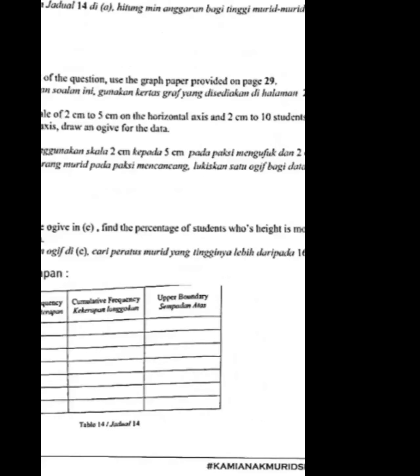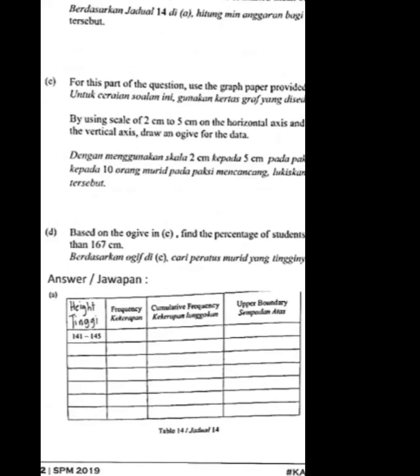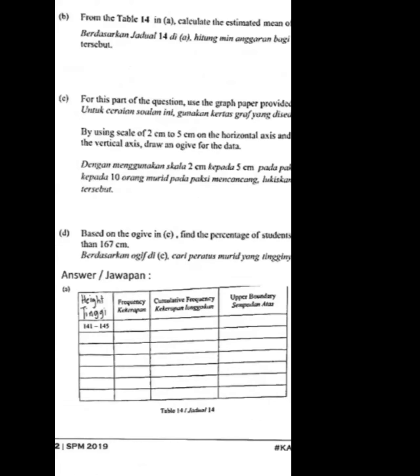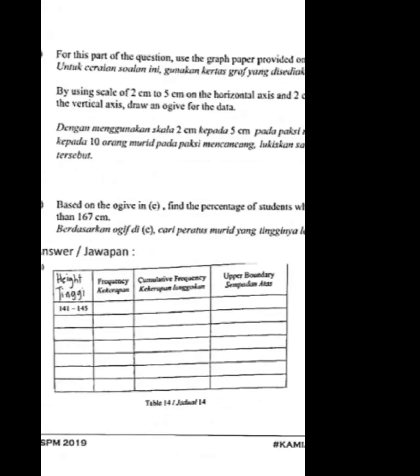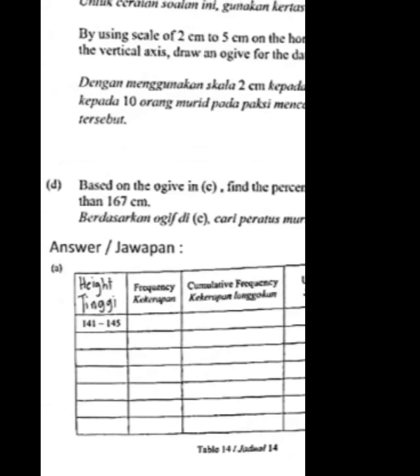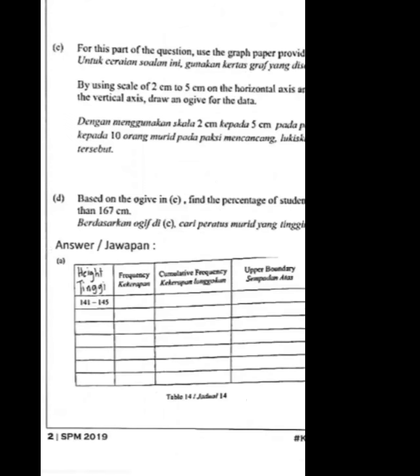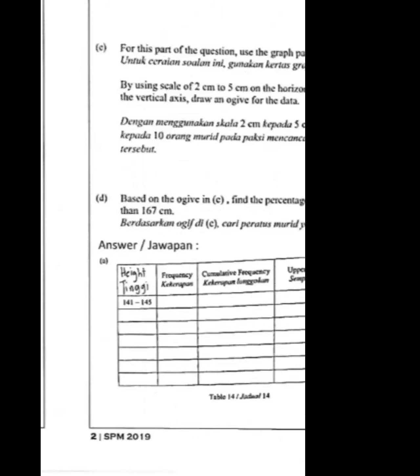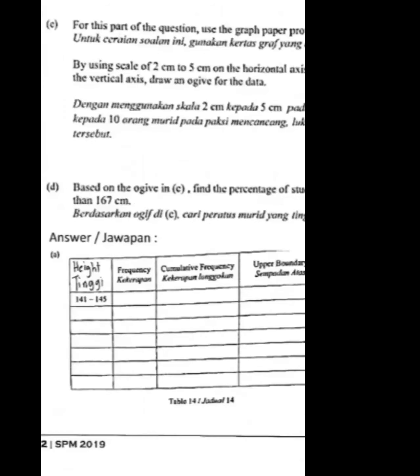Or you don't need to add up and divide by 2. You can just add 0.5, because the upper boundary is always 0.5 more: 145 then 145.5, 150 then 150.5.